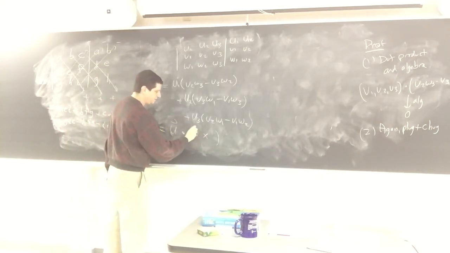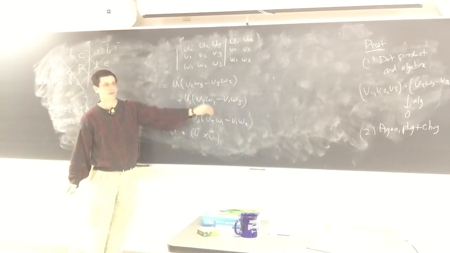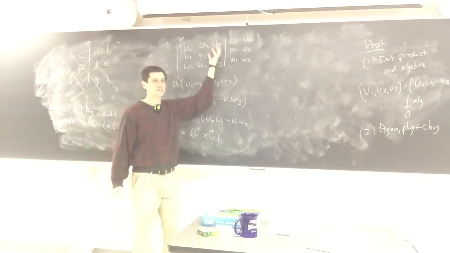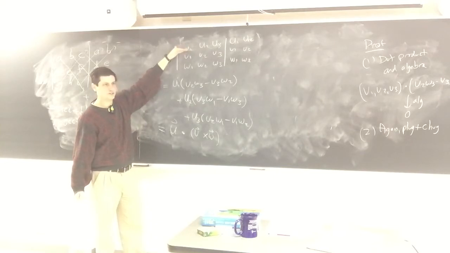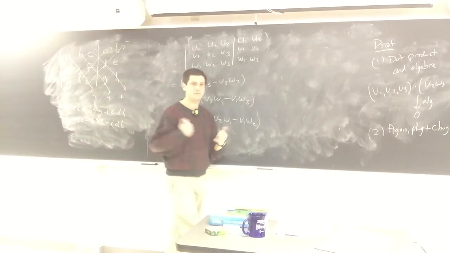It's u dot v cross w. So these components are v cross w, and this is now just u dotted with that. So this is telling us that the determinant of the 3 by 3 matrix, coming from the vectors u, v, w, is the volume of that parallelepiped.